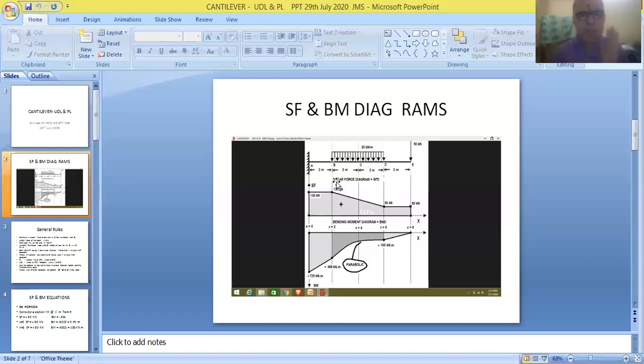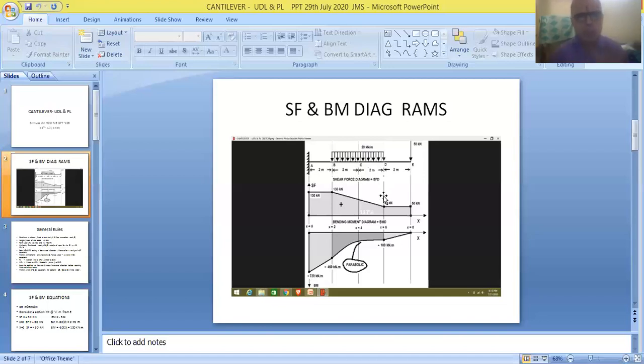Starting from point B, this UDL extends for a distance of 4 meters, and it ends at point D. So this point is used for indicating the beginning of the UDL, and this is used for indicating the end point of the UDL.